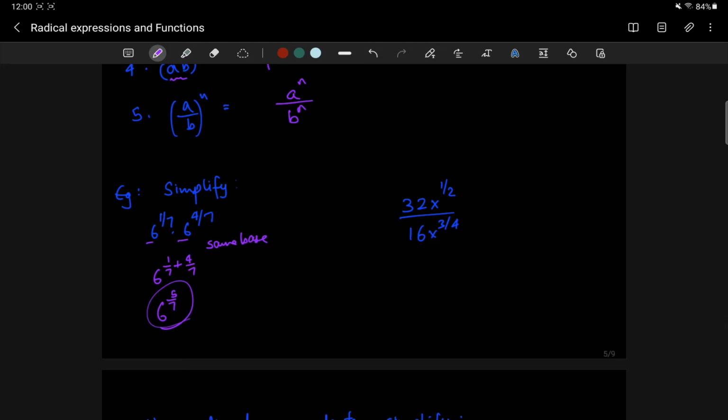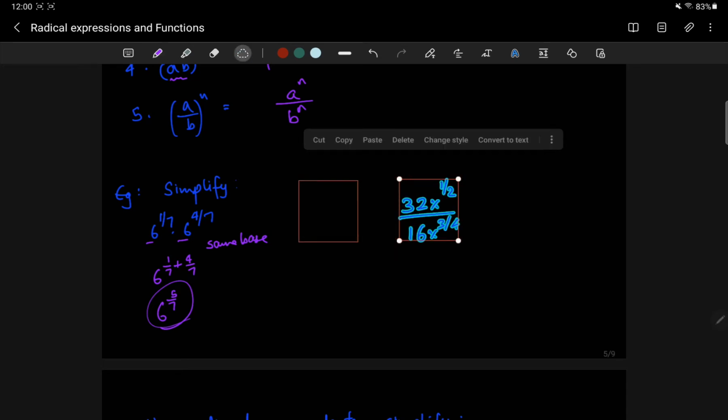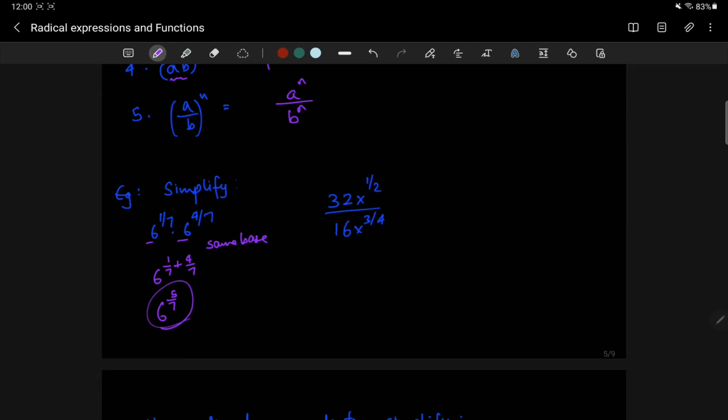The second one here, oh, I see why I gave it more space. First, let's deal with the numbers. 32 over 16 is 2. So it's 2 times x to the 1/2 over x to the 3/4. Now here, the base is x, so same base.